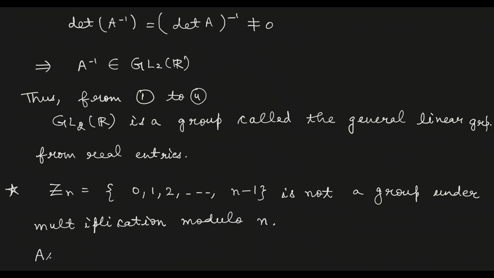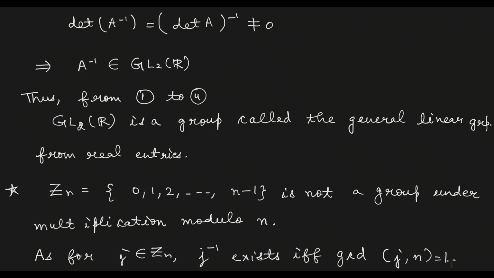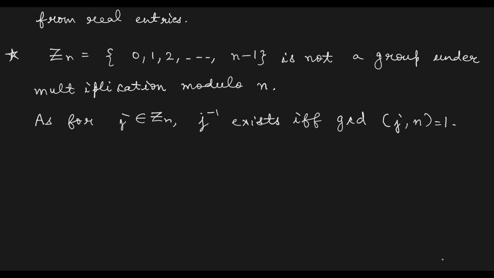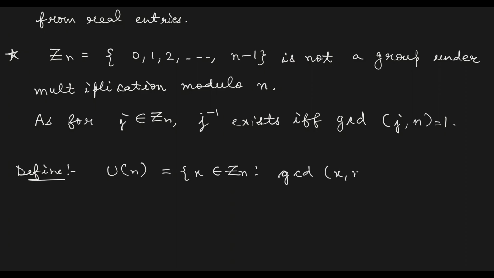The reason is, for J belongs to Zn, J inverse exists if and only if GCD of J comma n is 1. So by this I am defining a new group, which is Un: x belongs to Zn such that GCD of x comma n is equal to 1.